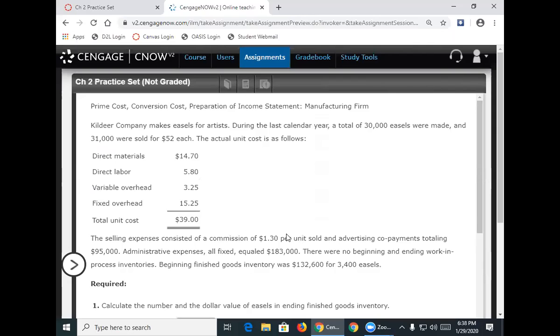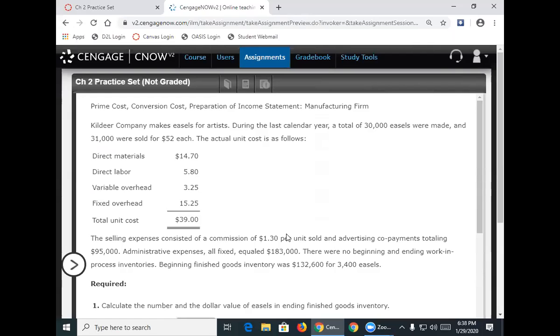So they've given us Killdeer Company makes easels for artists. During the last calendar year, a total of 30,000 easels were made, and 31,000 were sold for $52 each. And then they give us the breakdown of our total unit cost: our cost per unit for materials, labor, variable, and fixed overhead.